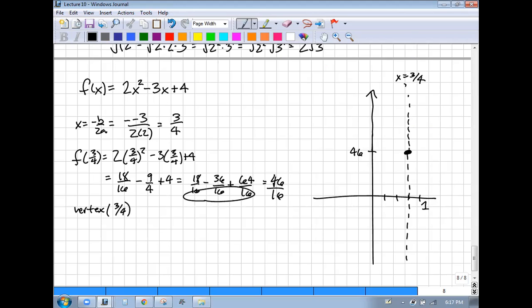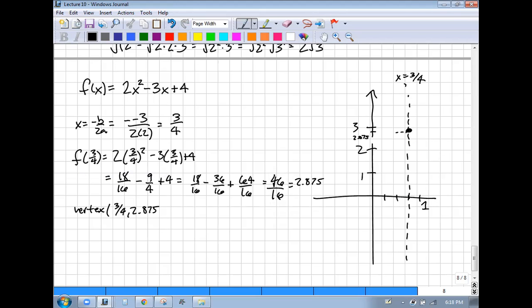I forgot my denominator. So 46 divided by 16 is 2.875. My vertex is at 3/4, 2.875. So that makes things a lot easier. Let's say this is 1, 2. If this is 3, 2.875 is right around here. So boom, that's where my vertex is.